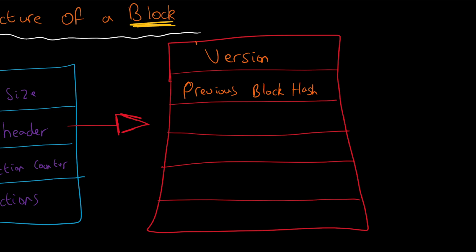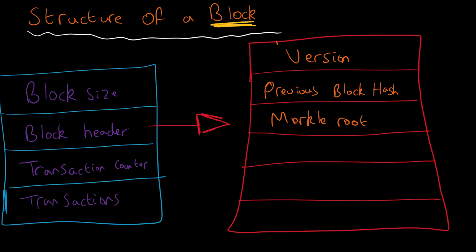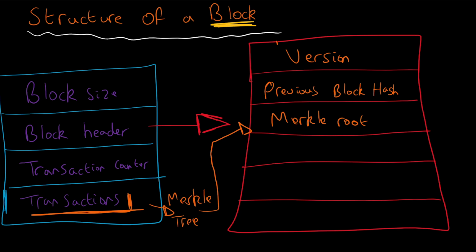We have a Merkle root, and the Merkle root is a hash of the root of a Merkle tree, which we'll cover in a separate video exactly how a Merkle tree works, and it's of all the block's transactions. So all of these transactions here are pumped into a Merkle tree, and it comes out with a Merkle root.